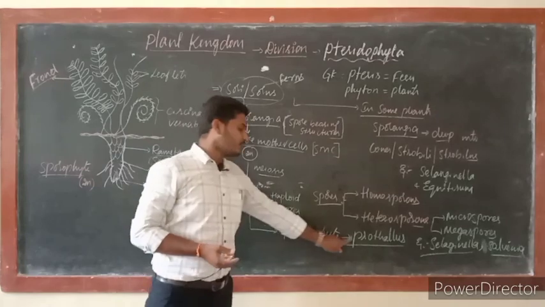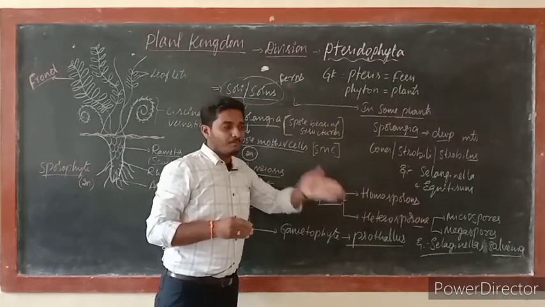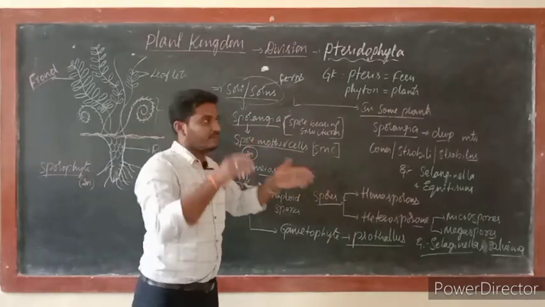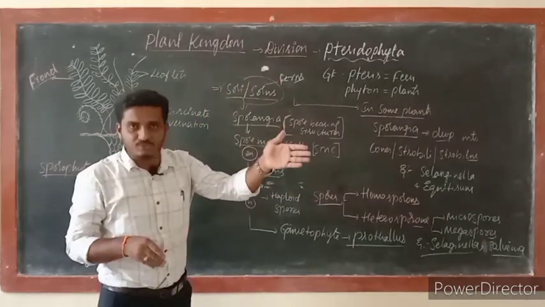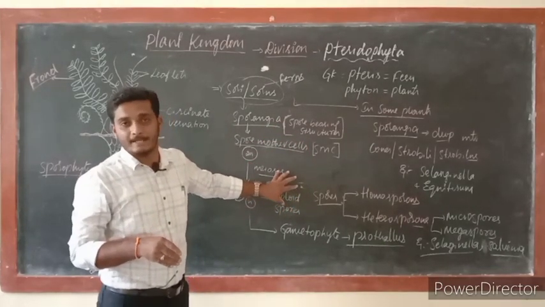But here I am saying prothallus. The prothallus is the gametophyte. Up to Bryophytes, the plant body is haploid. After Bryophytes, in Pteridophytes, Gymnosperms and Angiosperms, the plant body is a sporophyte, which is 2N.